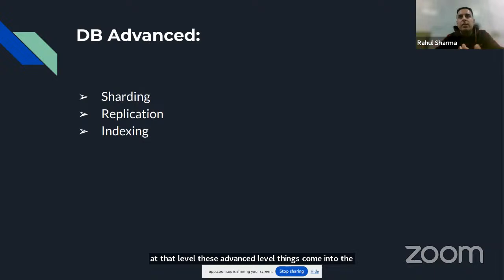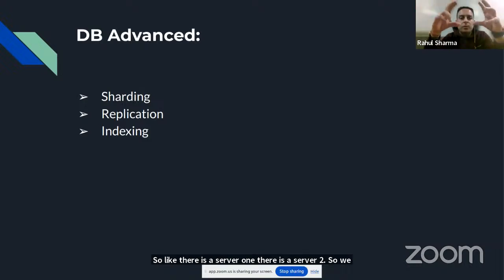Sharding is a technique where we divide a table across multiple servers, right? Like there is a server 1, there is a server 2. We divide the whole table into two parts on the basis of some key, for example an auto increment ID.